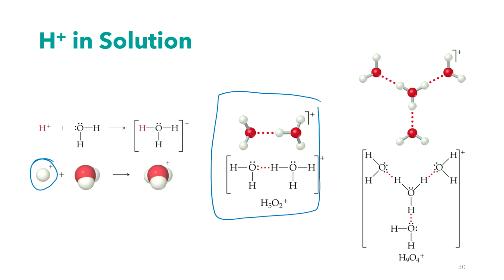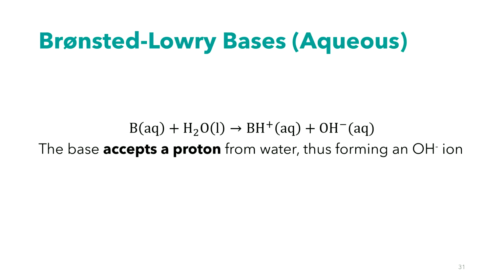All right, so that is a Bronsted-Lowry acid. A Bronsted-Lowry base is the thing that takes the proton. It accepts it. So this B here has a lone pair that I didn't write, but it has to have a lone pair, because it will use that extra set of non-bonded electrons to make a bond with one of these hydrogens.